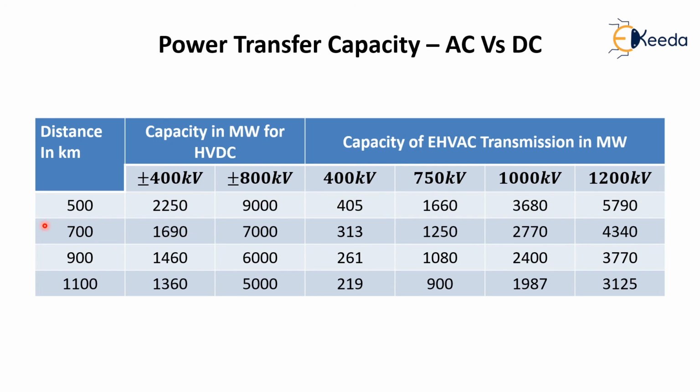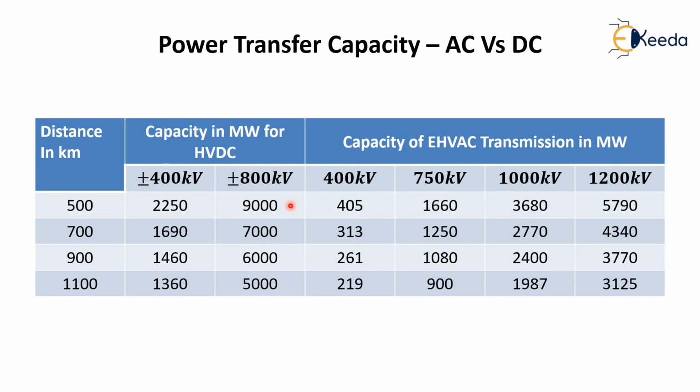For a 500-kilometer distance, in case of plus or minus 400 kilovolt, the power transfer capacity is about 2250 megawatts. For the same 500 kilometers, in HVAC transmission at 400 kV, the power transfer capacity is only 405 megawatts.